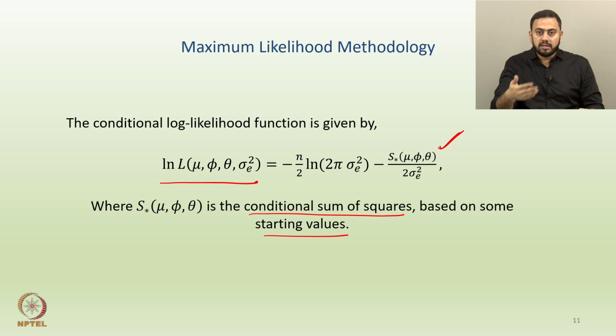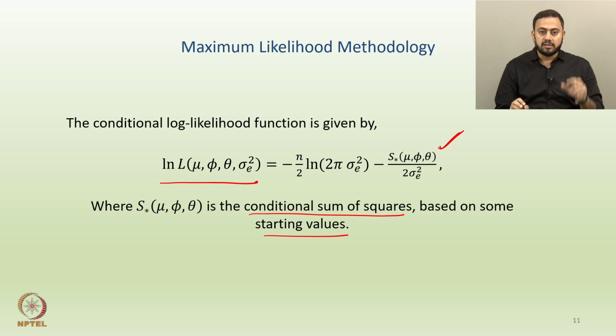Once you feed in those starting values, the algorithm runs and gives you the estimated values once it converges. This is the idea behind Newton-Raphson or any other convergence algorithm. A similar technique comes in handy here.